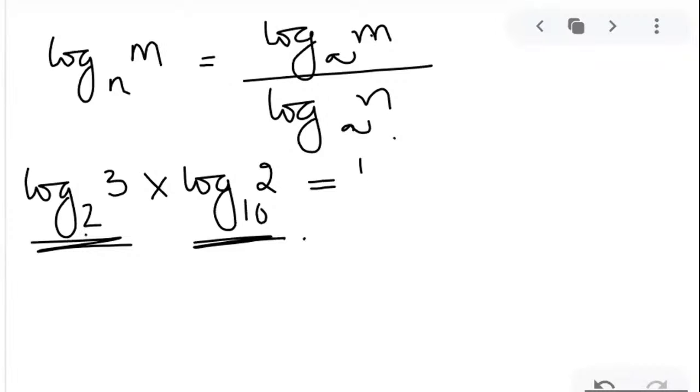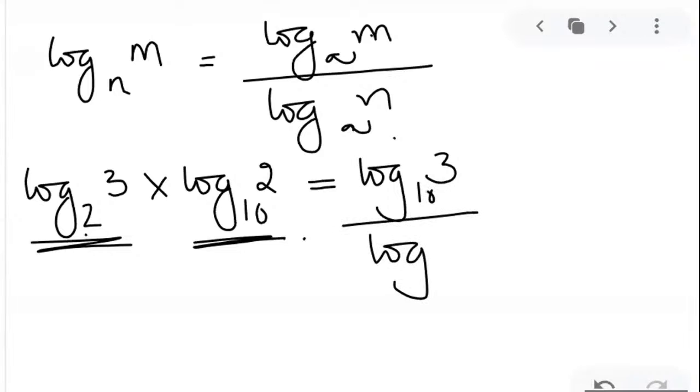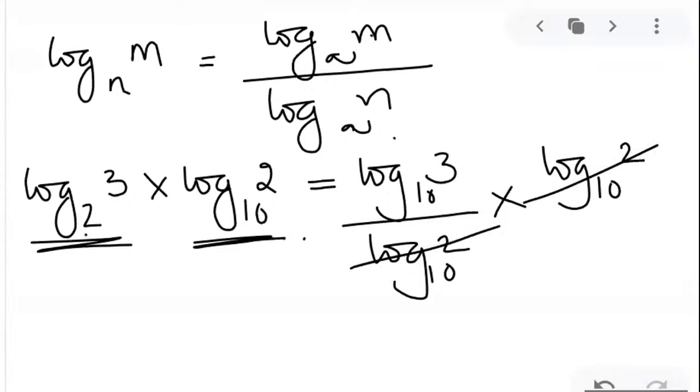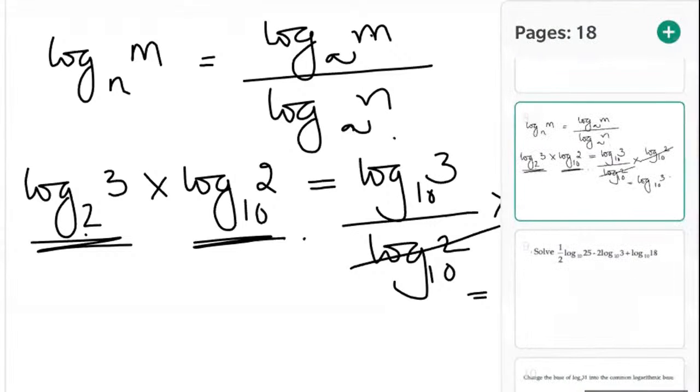So this will become log 3 to the base 10 divided by log 2 to the base 10 into log 2 to the base 10. These both can be cancelled. So that is equal to log 3 to the base 10. All right? Does it make sense? Yes, ma'am. Okay.